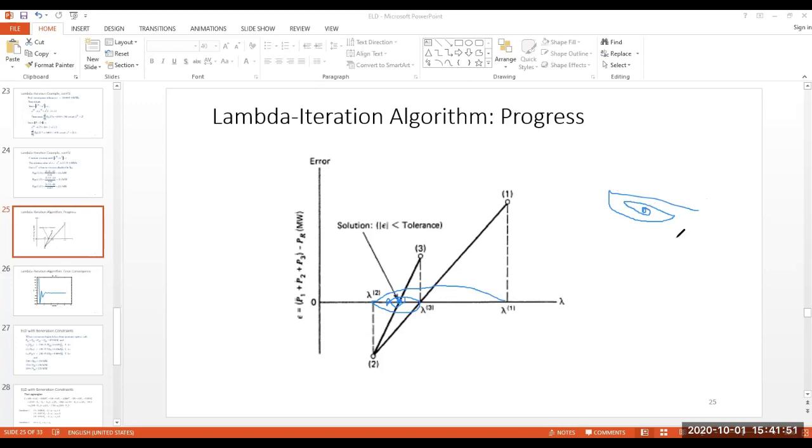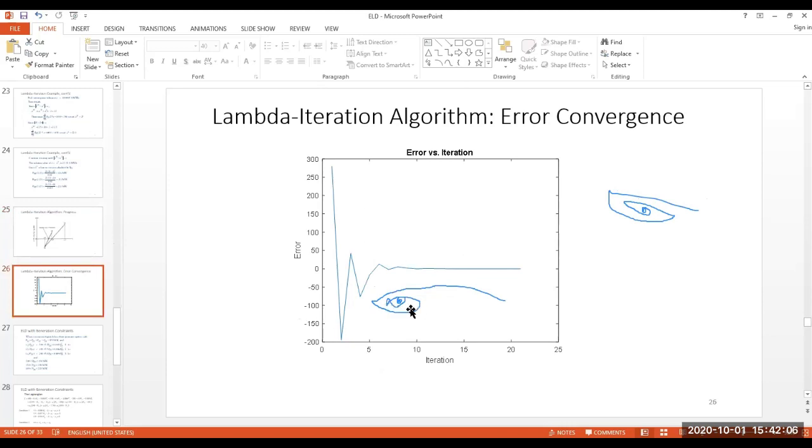So it is actually oscillating from high value to low value, then again coming back to some other high value, then coming back to other low values, and finally it will give you the solutions. So for our example, this is what is actually happening.